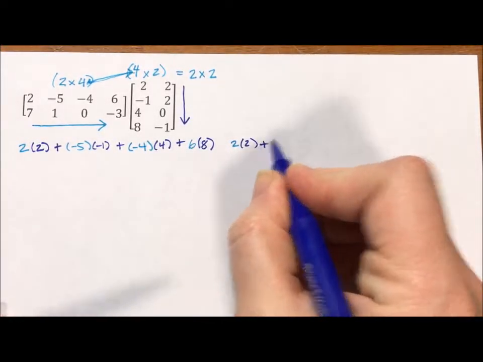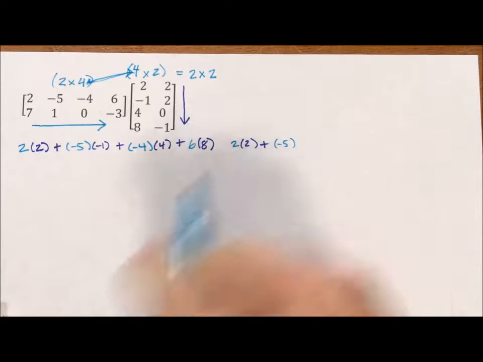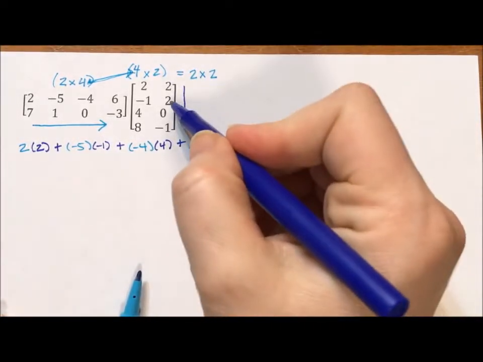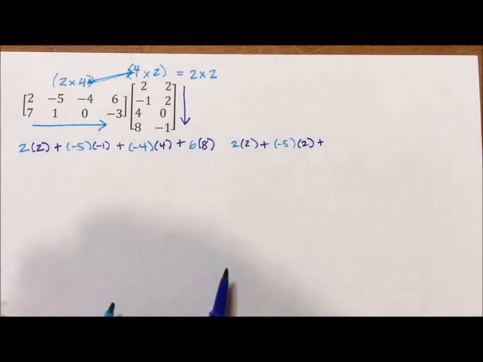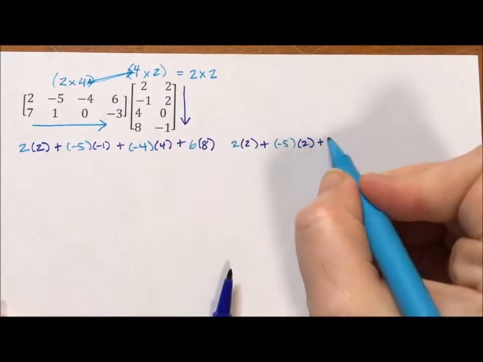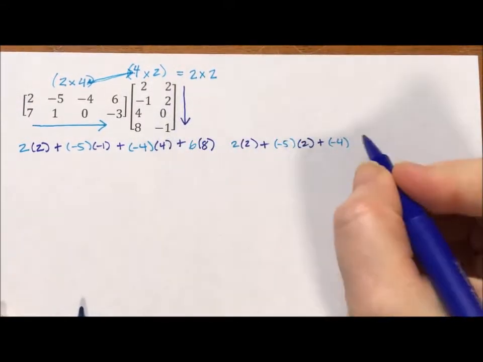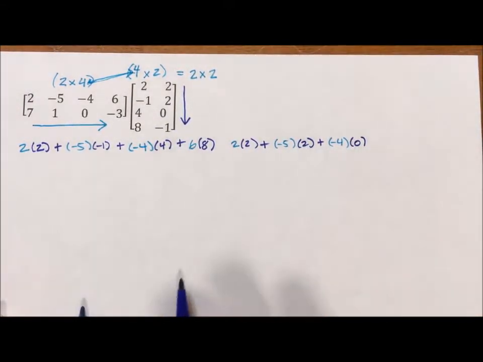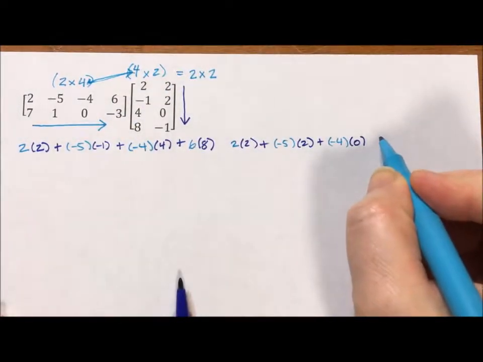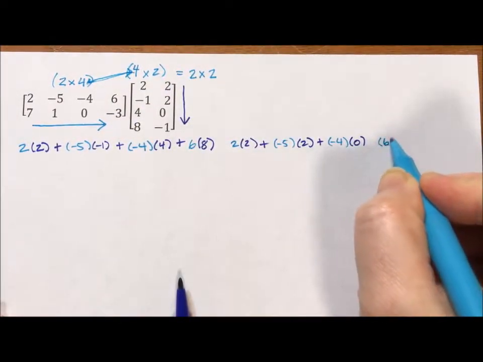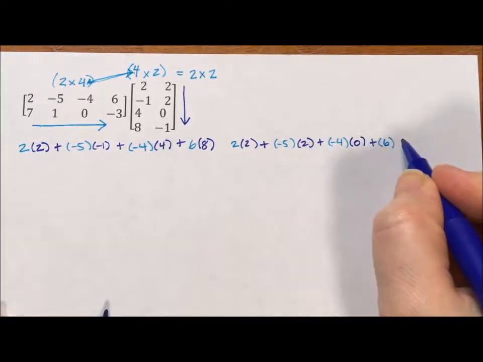Then I add to that this negative 5 multiplied to this second 2, plus this negative 4 multiplied to the 0, and I do write out these 0 terms and you'll see why in a second, times this negative 6, positive 6, multiplied to the negative 1.